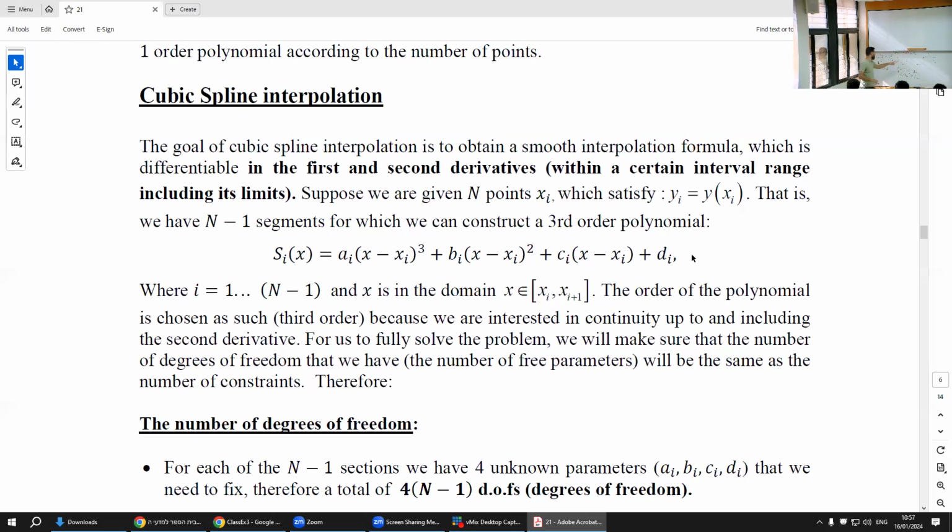So how many parameters do we have in this interpolating function? N minus 1 times 4. Yes, 4 for each S, and we have n minus 1 S's.